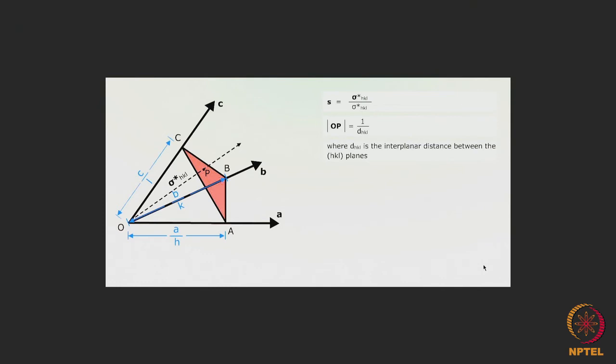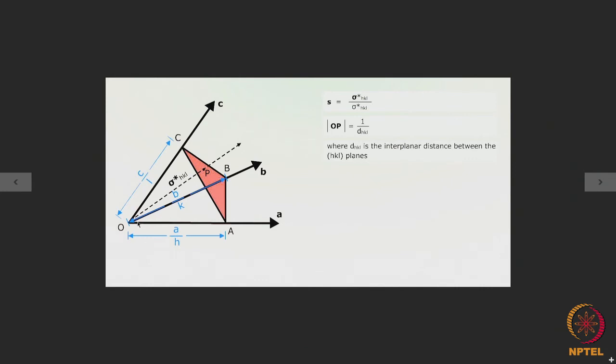Now, let us go to the second relationship. You see, this is the vector parallel to the sigma star HKL vector. So, if we find out this length OP, how much is OP? It is erroneously written here as 1 by d_hkl, actually it will be simply d_hkl.